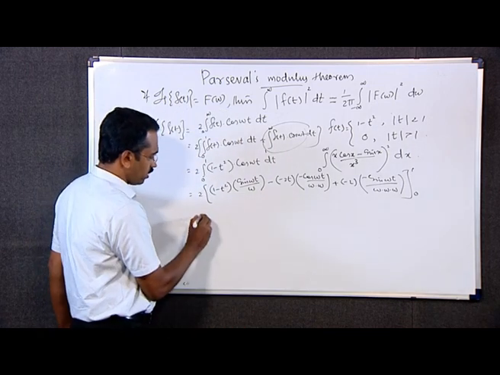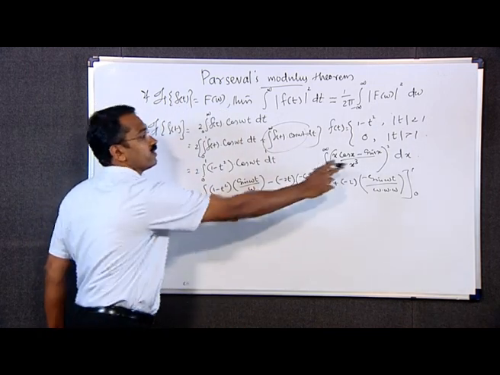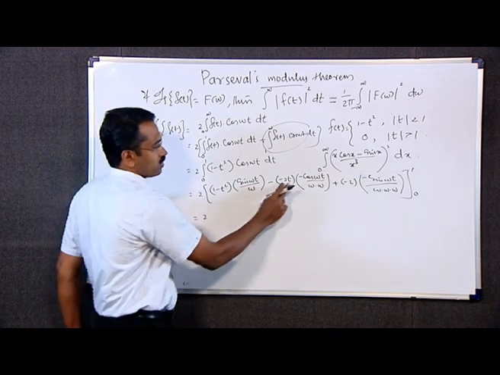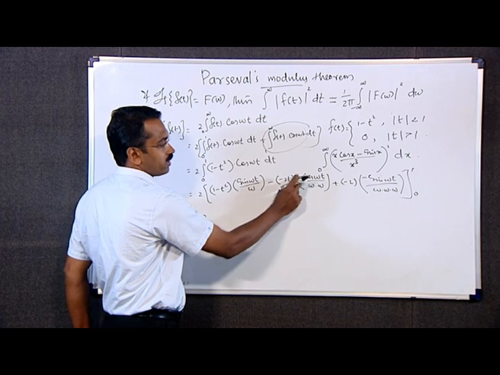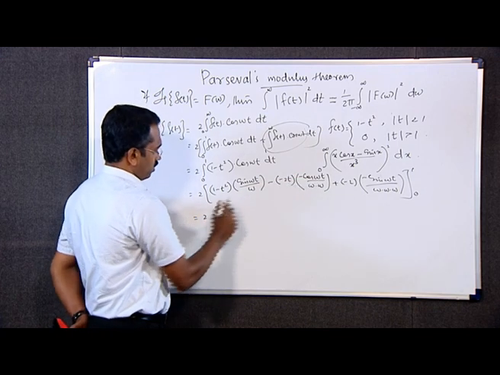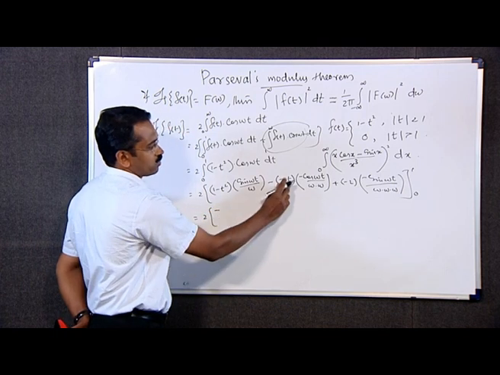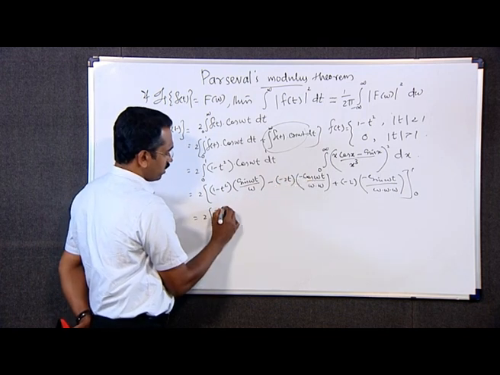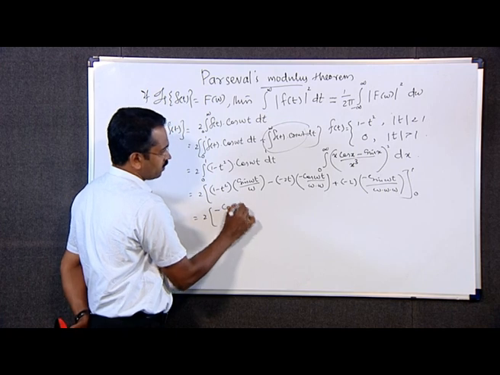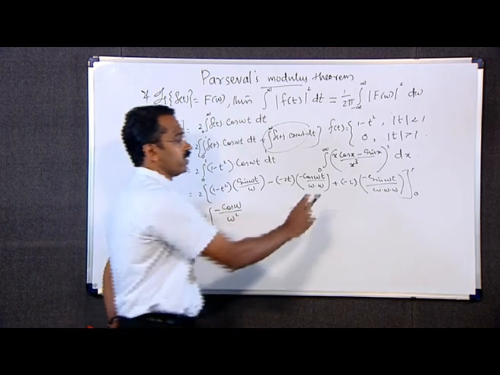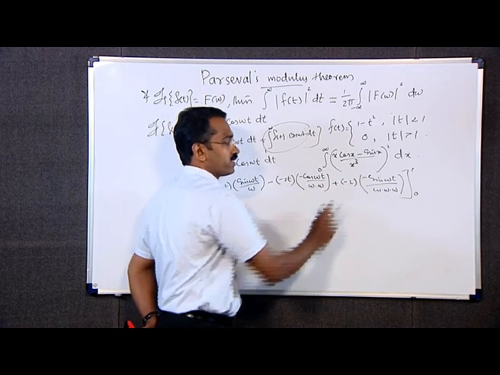That is equal to 2 into, when t equals 1, this first term will become 0. And here there are 3 negatives. Therefore, this is minus t, which is 1, cos omega into 1 means cos omega divided by omega squared. Here there are 2 negatives.